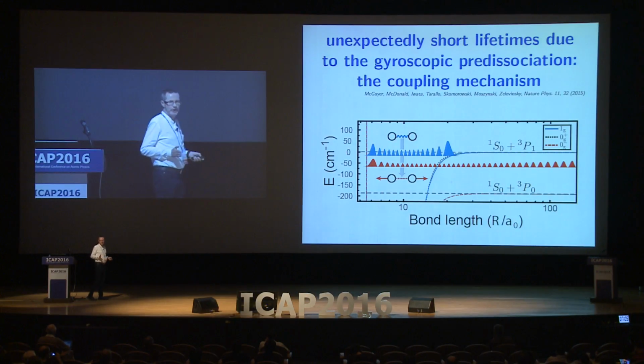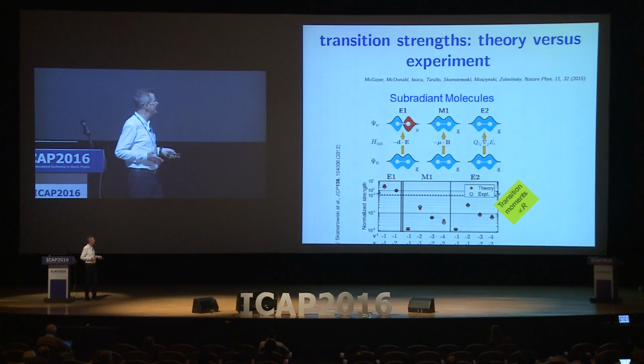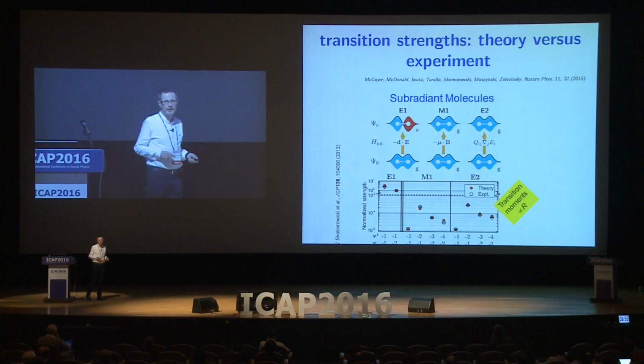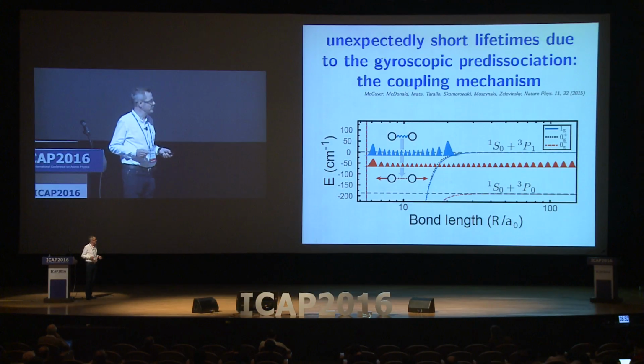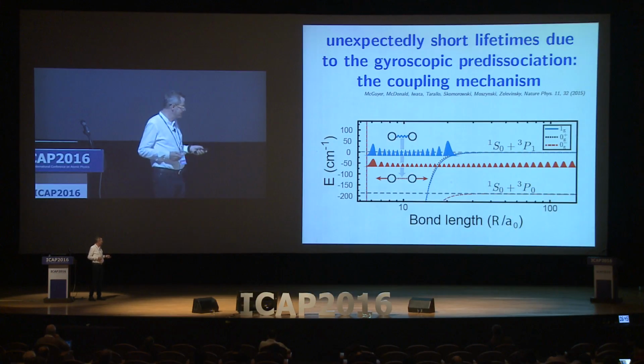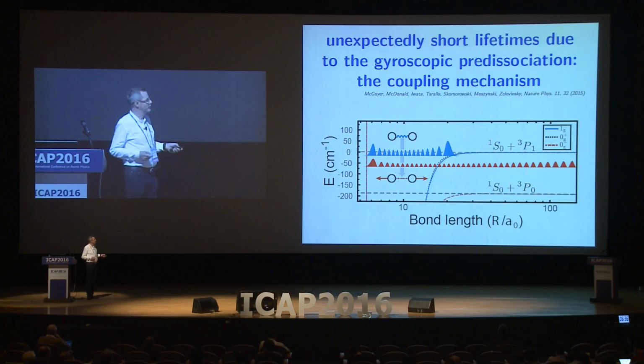But then we had to go further and understand why the lifetimes, these are the line strengths, and the lifetime is usually inversely proportional to the line strengths. So why the lifetimes all of a sudden were much shorter than expected from the line strengths. And it turned out that even though we are in the asymptotic region, there is a coupling mechanism between two electronic states, which is of purely short-range character.